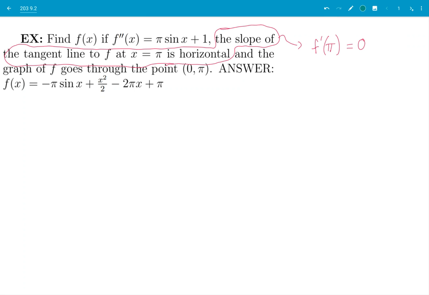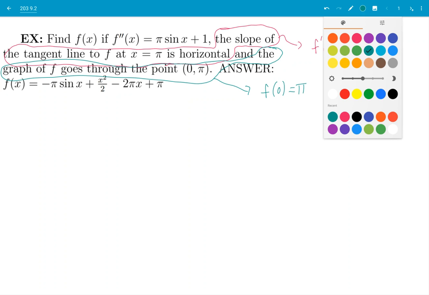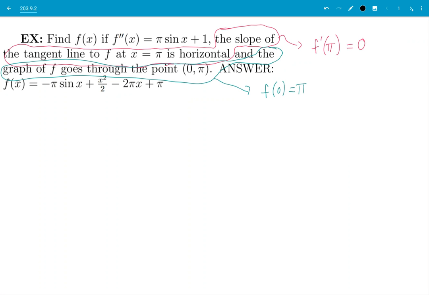Now, the graph of f goes through the point (0, pi). That means that f with 0 plugged in is going to give me pi. Okay, all that cumbersome English translated into nice, simple mathematics. Now, let's go for it.